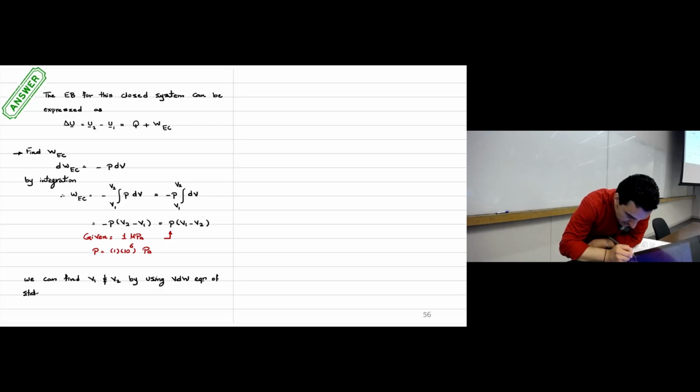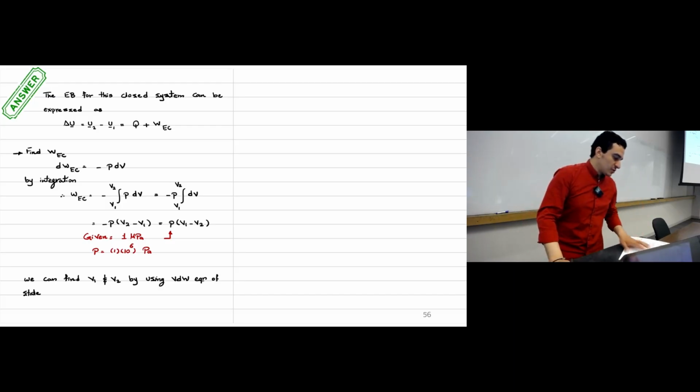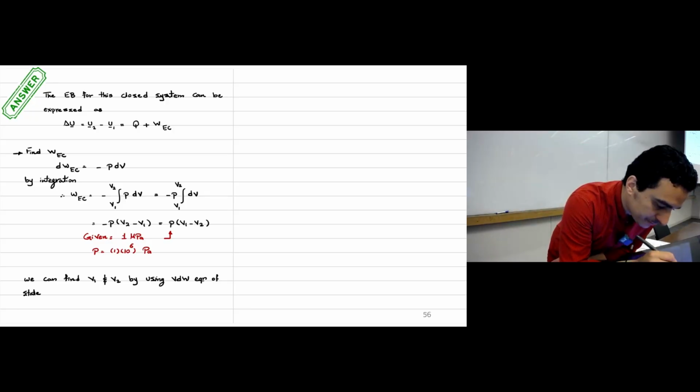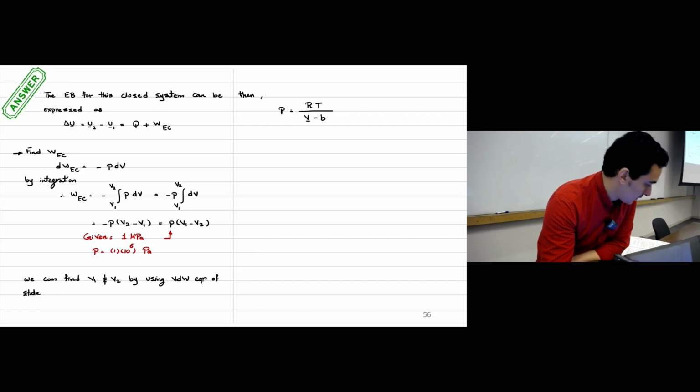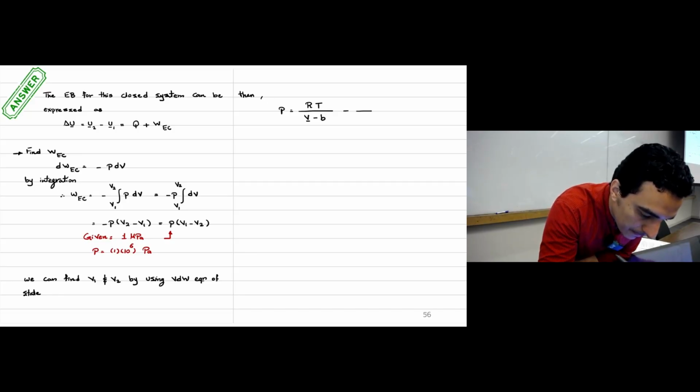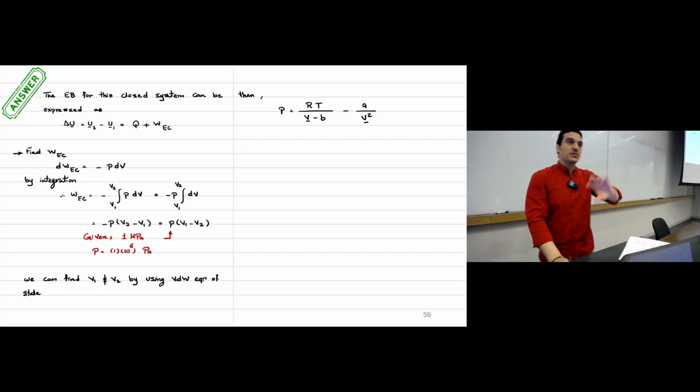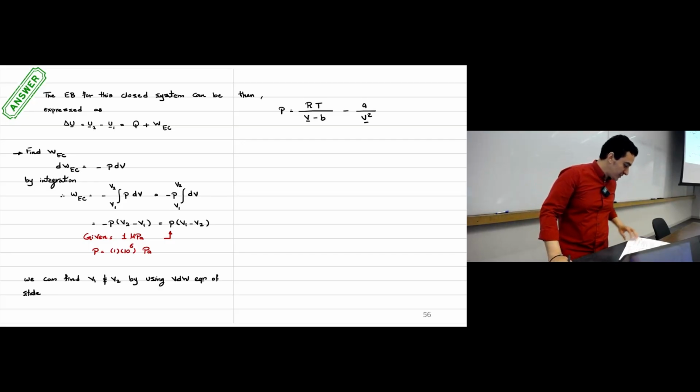So this is the equation that he mentioned in the problem we can use. So the Van der Waals equation of state: we have pressure equal to RT over V minus B, minus A over V squared. So this is the general form of the Van der Waals equation of state.